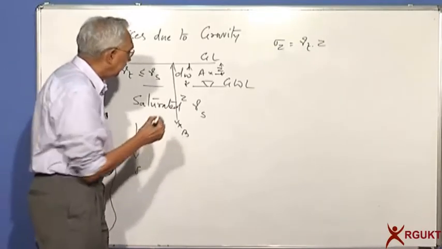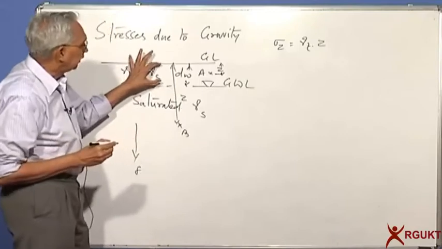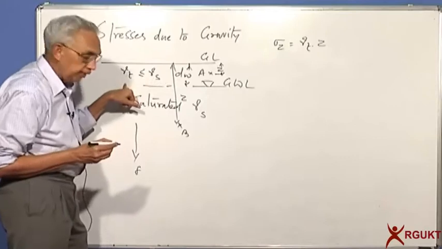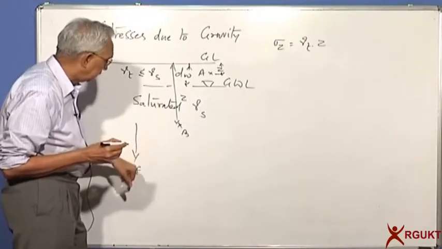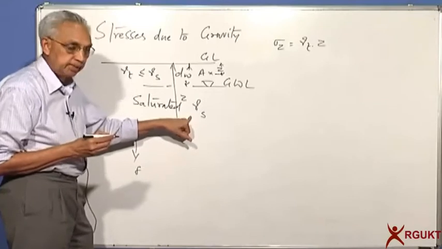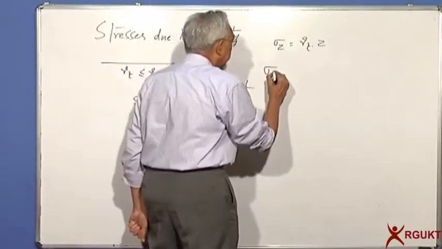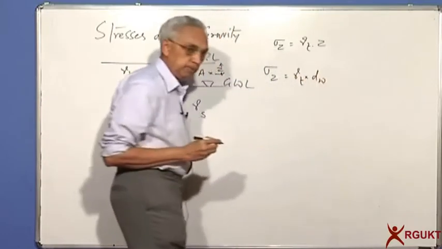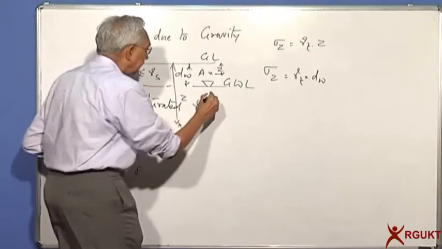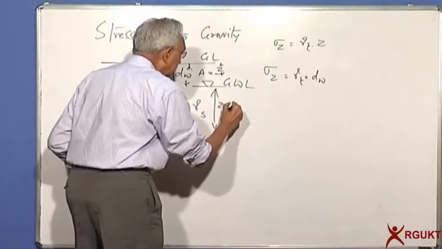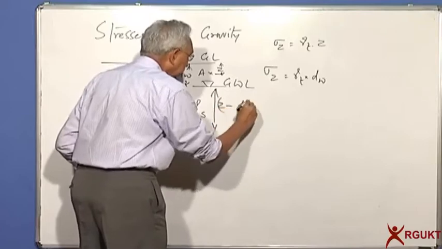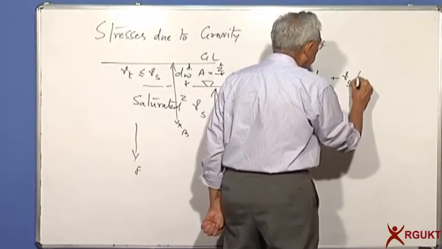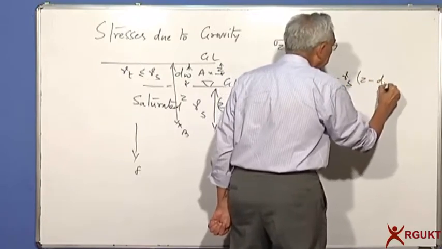So if I want to find out, up to a depth dW, the unit weight of the soil is gamma total, and below the groundwater table, the unit weight is equal to gamma saturated. So we calculate the total stress is equal to gamma total into depth to water table, dW, and the net depth from the groundwater table would be Z minus dW. So this should be equal to plus gamma saturated into Z minus dW.